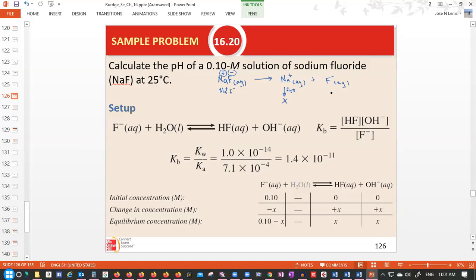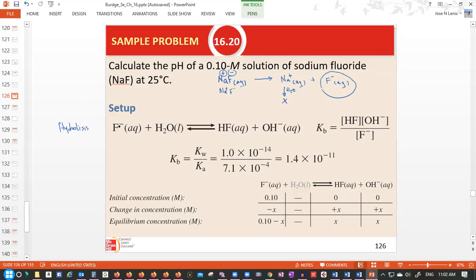So once you identify your strong conjugate base, then you can write your hydrolysis equation. This is just the dissociation of your salt, or you are dissolving the salt. So the hydrolysis is the reaction of your conjugate base, your salt, your anion with water.